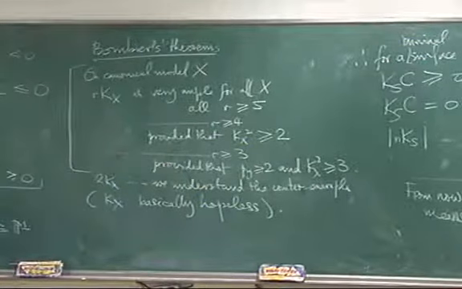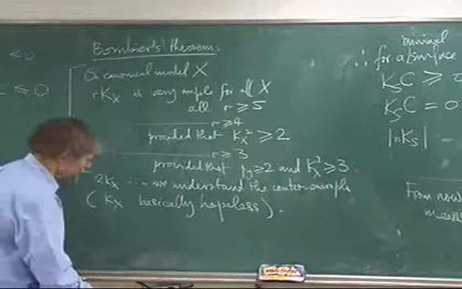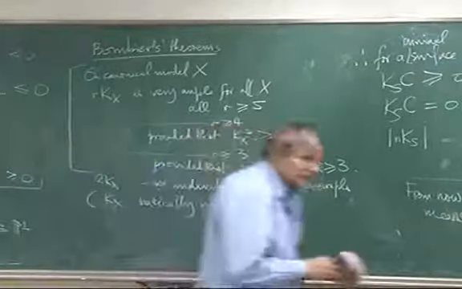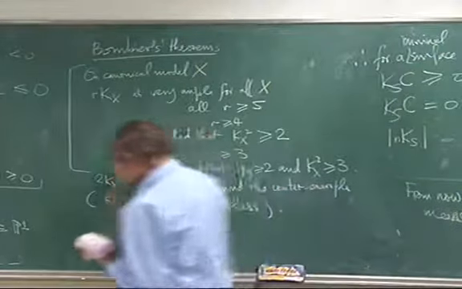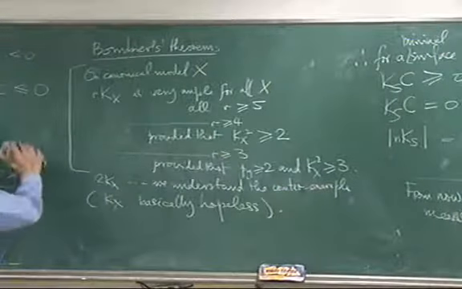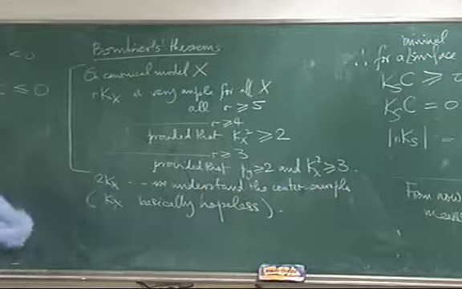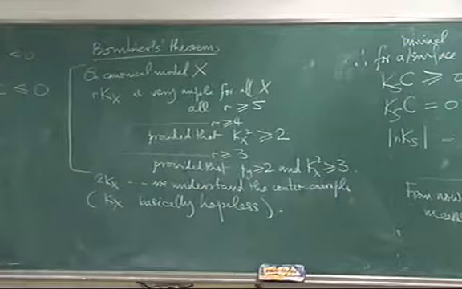Any bad property you want KX to have, it will eventually have it. Okay. So anyway, this is just an indication of one direction of research that was very important 30 or 40 years ago, and I'm going to at least give some indication about how we do this.